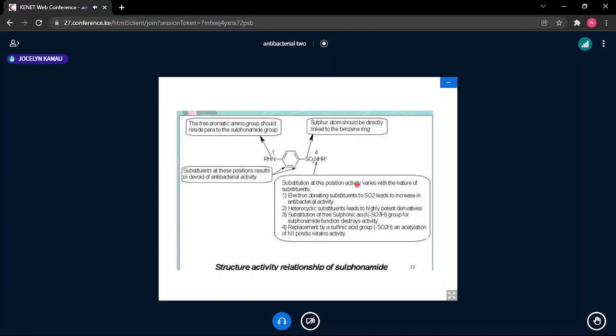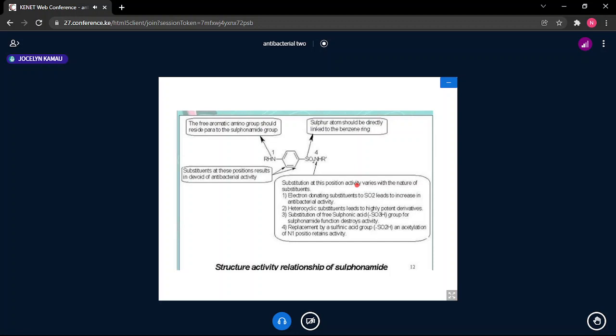So therefore, the substituents that are found, let us still call it position number 1 even now, on the sulfonyl group are very, very important, because they will determine whether the sulfonamide is going to be precipitated when it passes through the urine, and if it is precipitated, it will cause crystalluria, or whether it will remain in solution because the pKa of that drug is low enough to allow it to remain in solution.